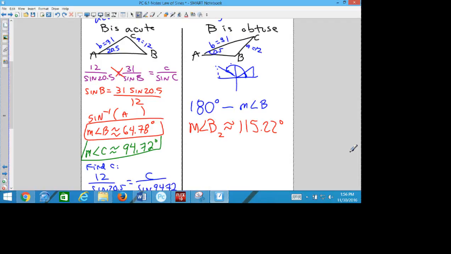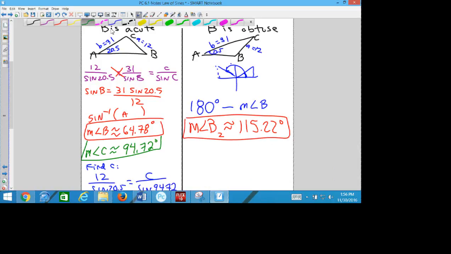So that's my new angle B. How do I find my new angle C? 180 minus 115.22 minus 20.5, the original A. You subtract it from 180, we're going to do all the same work now with different values. So C should be 44.28 degrees.